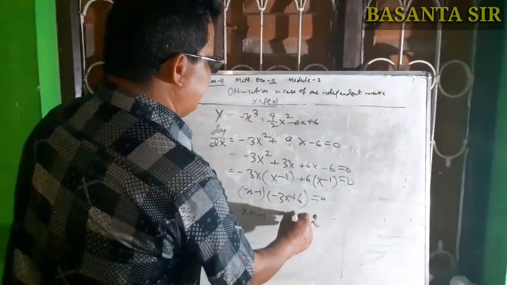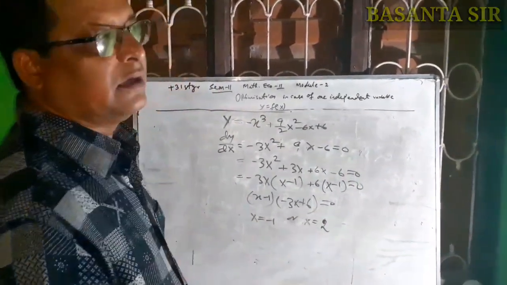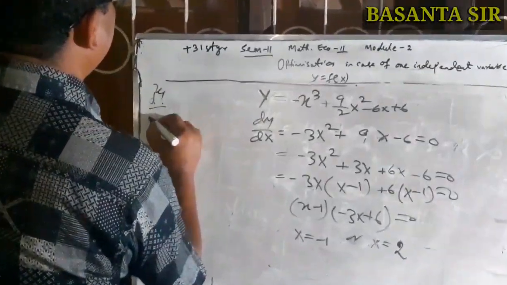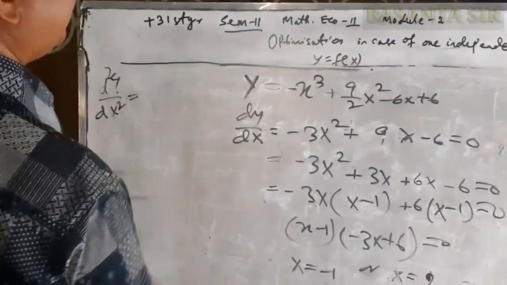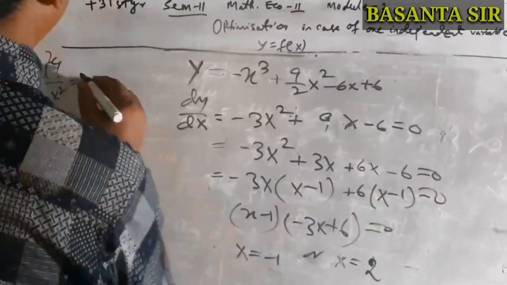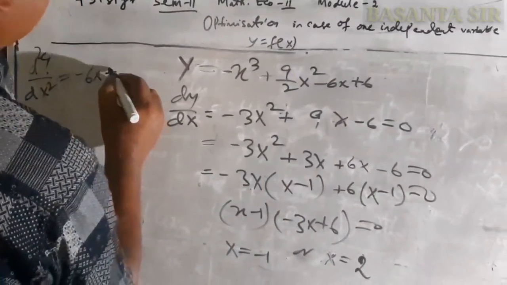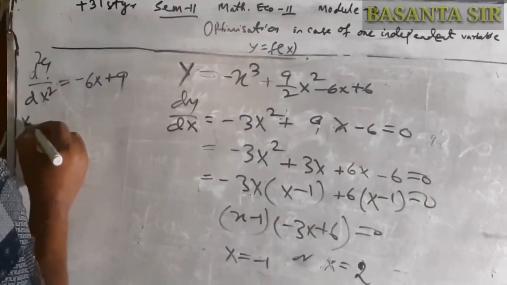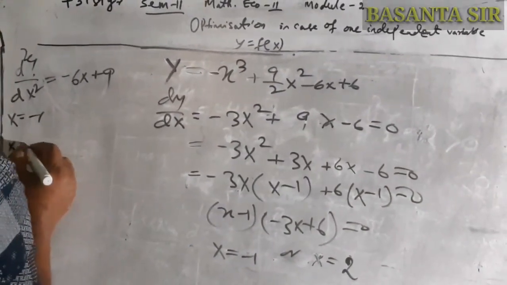So, from the first order derivative we find the values of x: minus 1 and 2. Taking the second order derivative for this problem, it will be minus 6x plus 9. Now putting the values of x here, x equal to minus 1, x equal to 2.